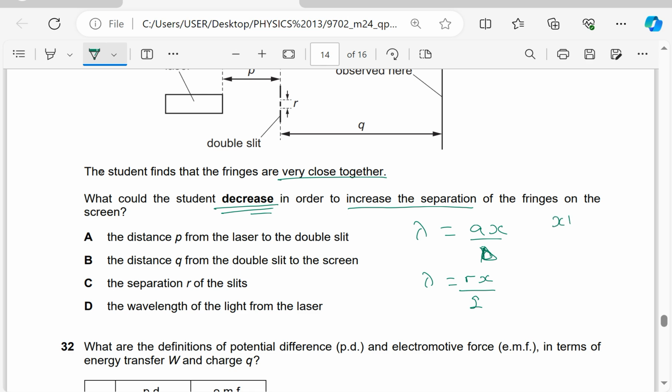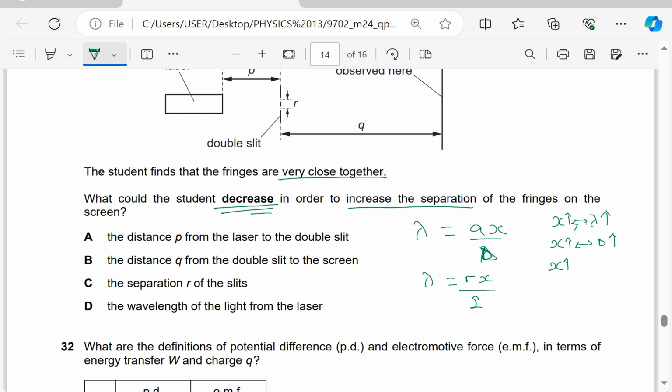X increases if wavelength increases because they are directly proportional. That's number one. X also increases if D increases because they are directly proportional. That's number two.